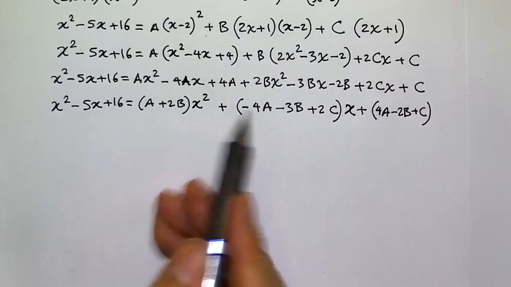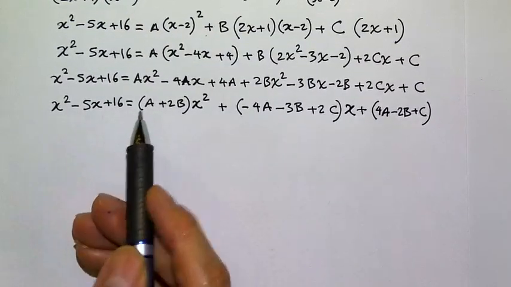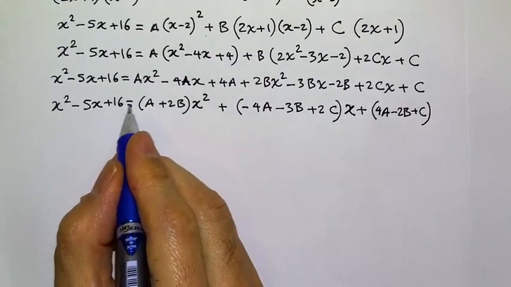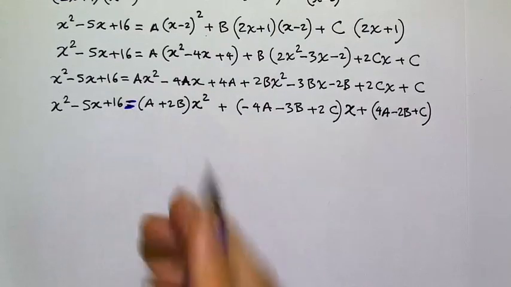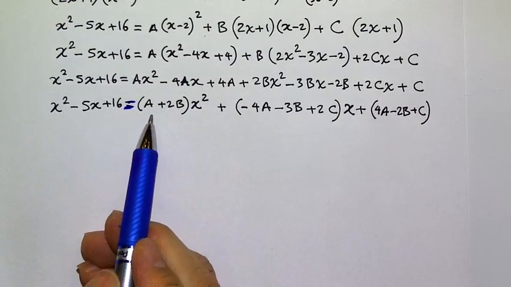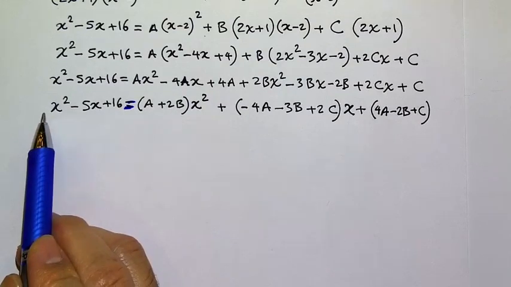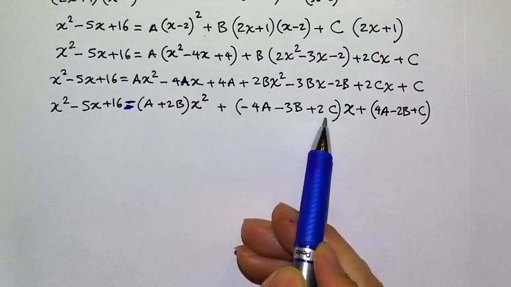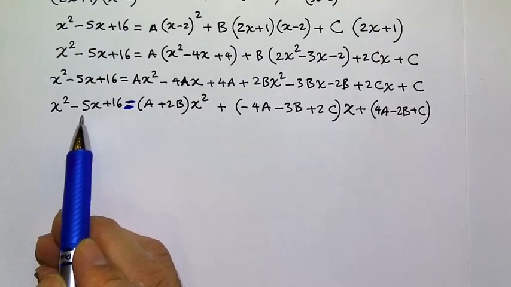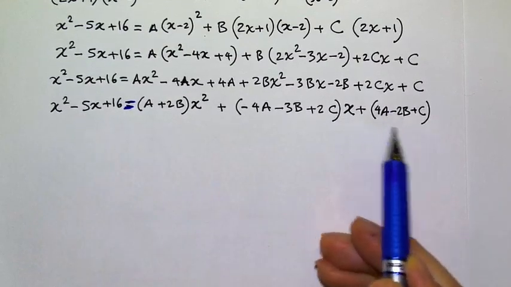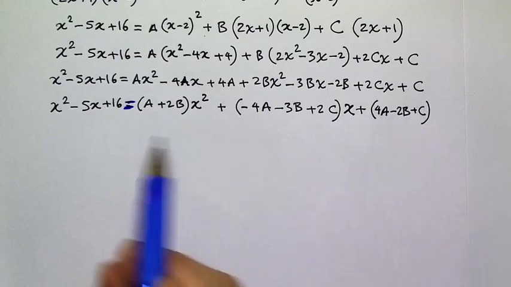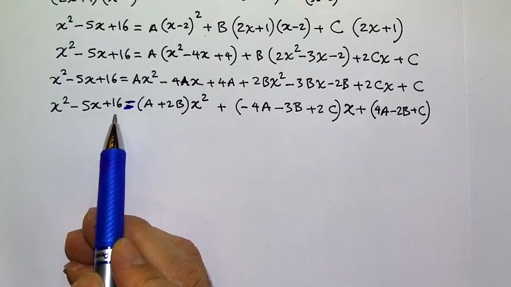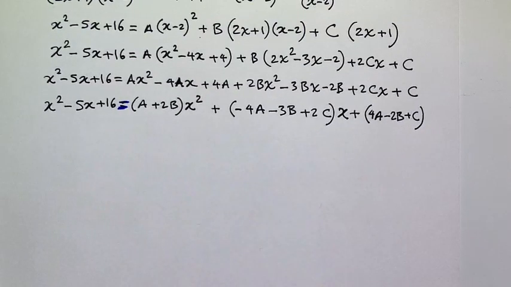Okay, so we can now write our system. If these two sides are to be equal to each other, then a plus 2b should equal 1. All of this, the factors of x, should add up to minus 5. And these constants, all of them, should add up to positive 16. So let's write the system down.